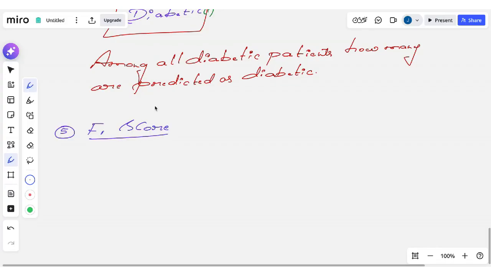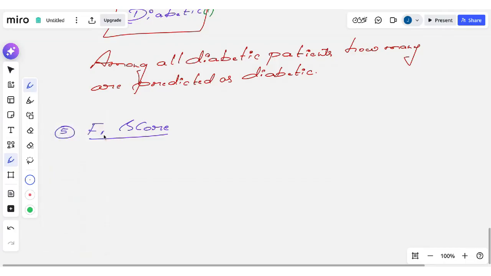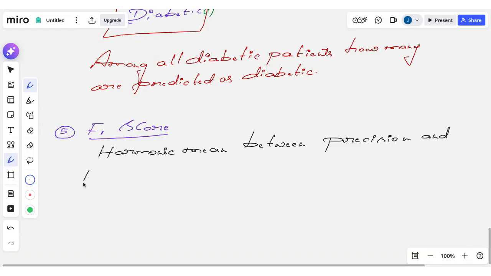So, what is F1 score? F1 score is a harmonic mean between precision and recall. Usually, when both precision and recall are important, you can go with that.